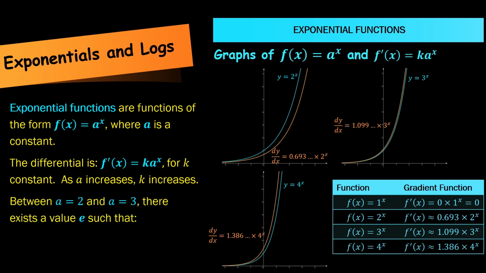Now between a equals 2 and a equals 3, there exists a special value e, such that f of x equals e to the power x equals f dash of x. Note that this e is approximately equal to 2.71828 and so on, and is irrational.